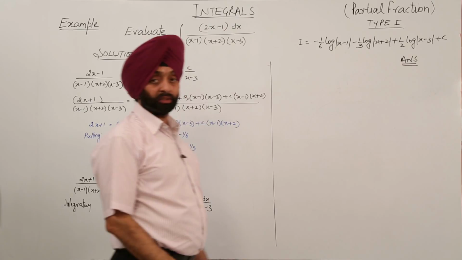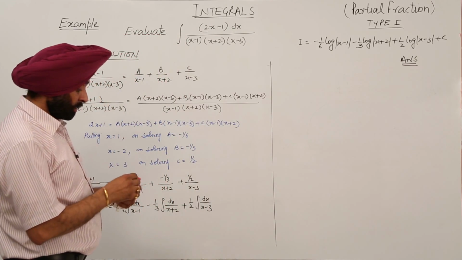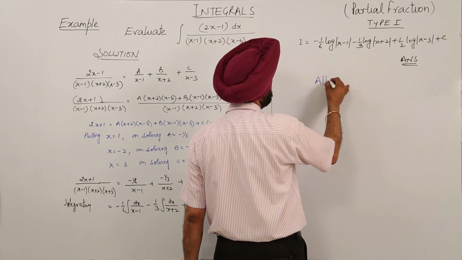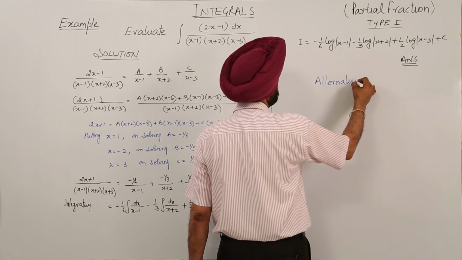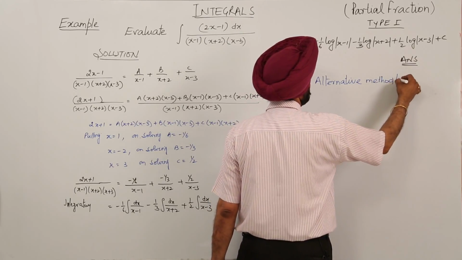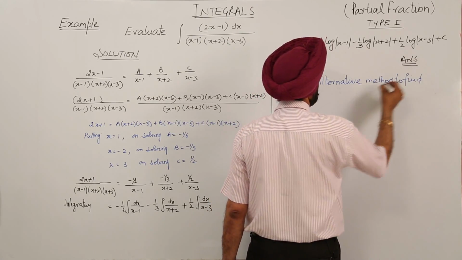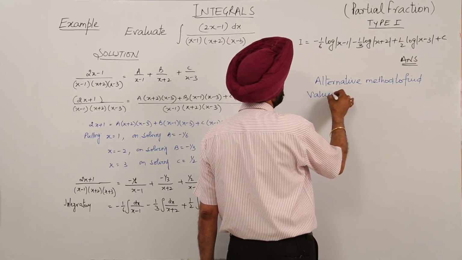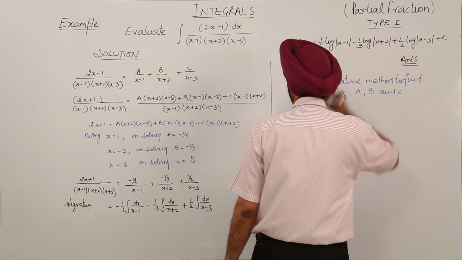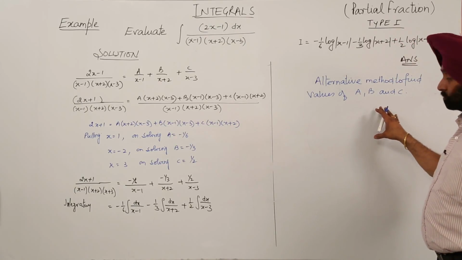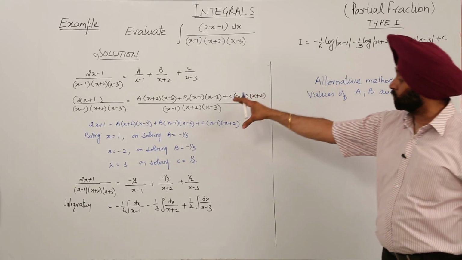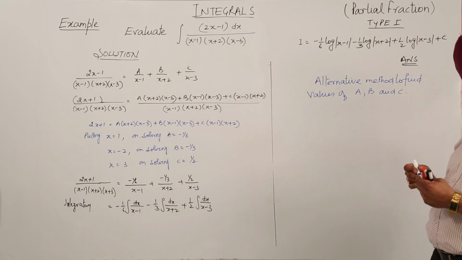Now after this, we are having one alternative method also, the alternative method to find values of A, B and C. In some books you will be getting this type of terms also, but in some questions we have to apply both the things, this and the alternative method also, to get the answers.